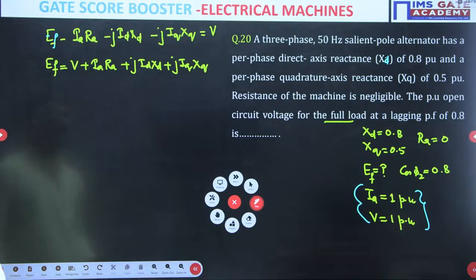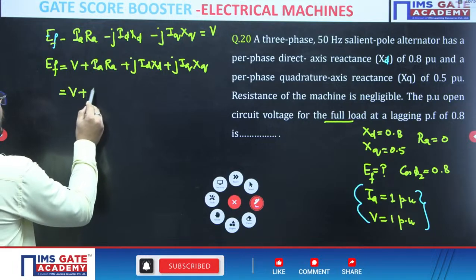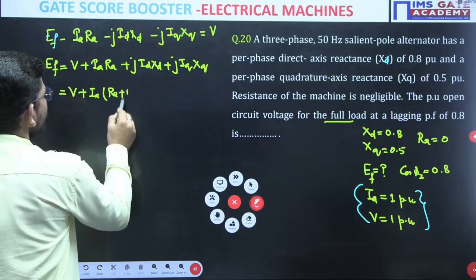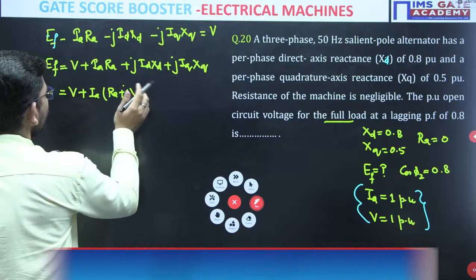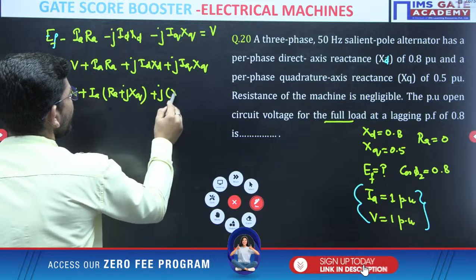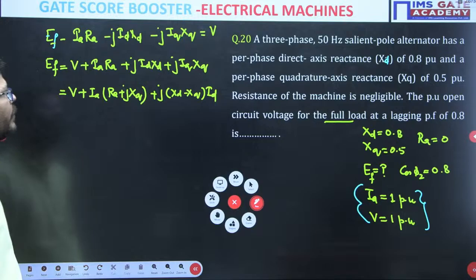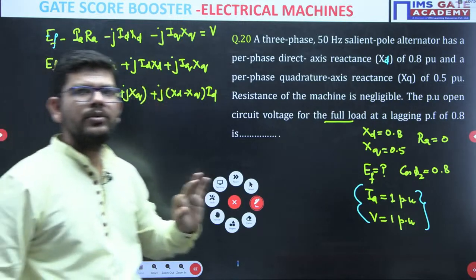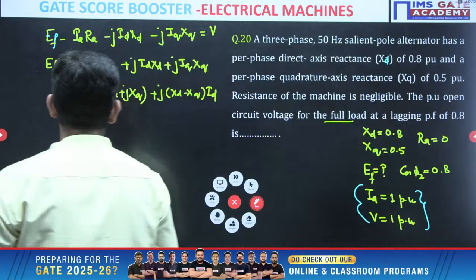Got it? Then if you modify this, you can write it as V plus IA RA plus J XQ IA plus J (XD minus XQ) ID. How do we write it? If we write IQ as IA minus ID, we can write this equation, correct?